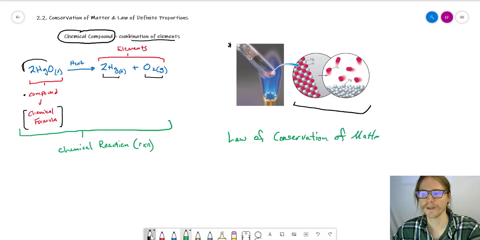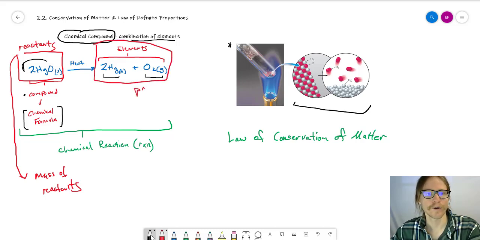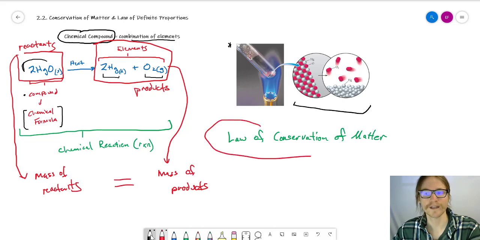And put pretty simply, that just means that this side of the reaction here, which is the reactants, the mass of reactants, has to equal the mass of what we call the products, the things on the right side of this product arrow. So the mass of products has to equal the mass of reactants, and we consider that principle the law of conservation of matter.